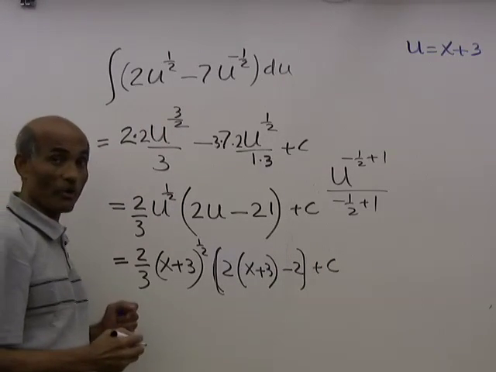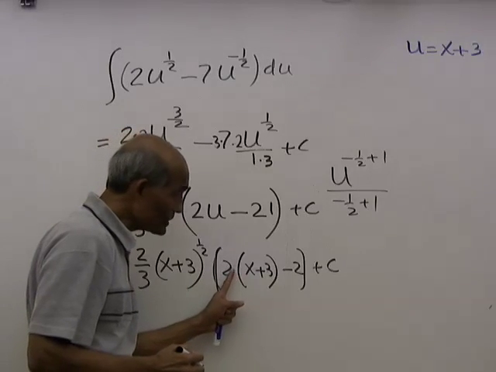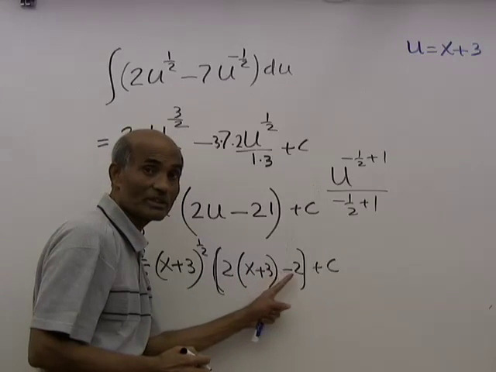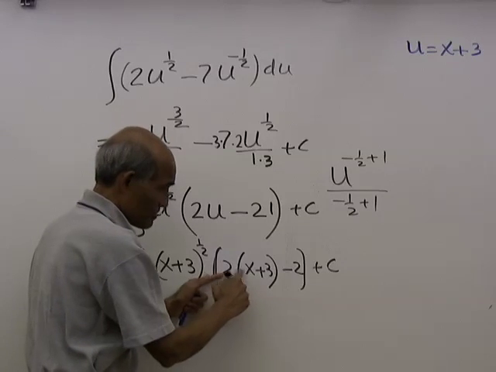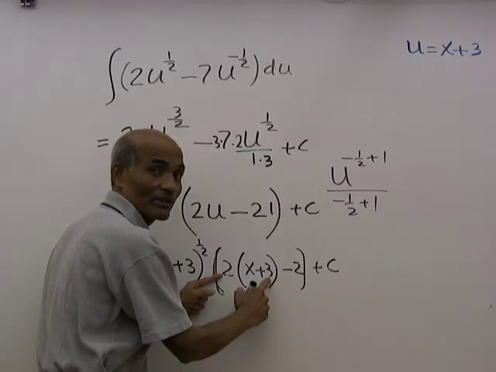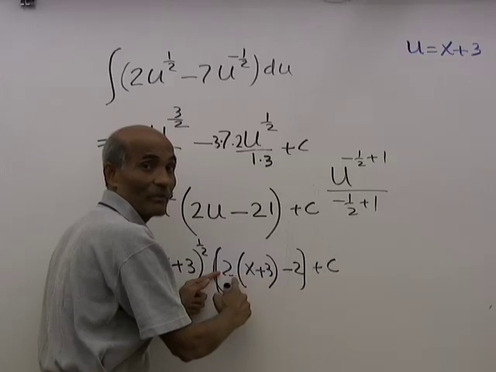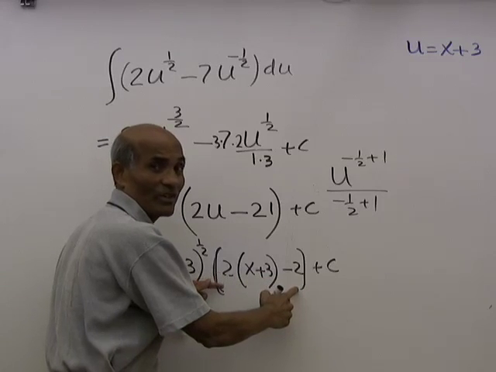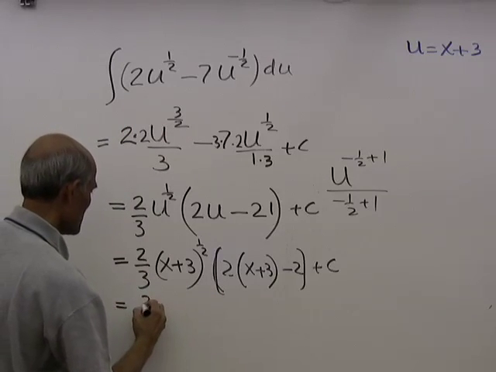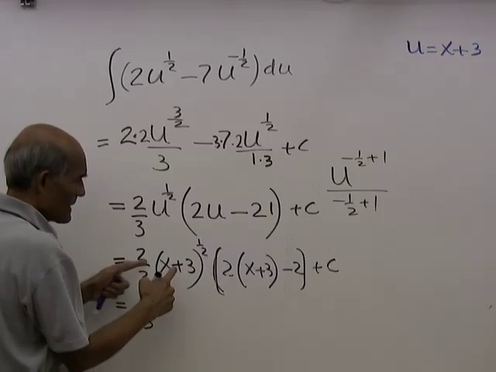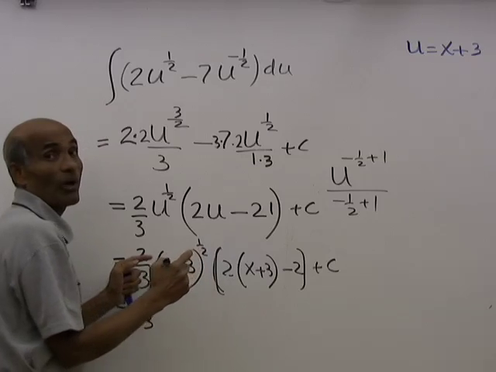Okay, one more thing. First of all, we need to distribute inside here and simplify. Can you do that? 2x plus 6 minus 2. It will be 2x plus 4, is that right? That's right. And that will be 2/3 x plus 3 to the power of 1/2.